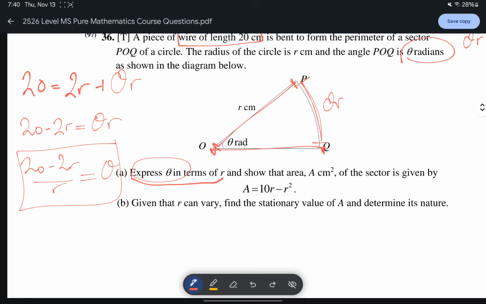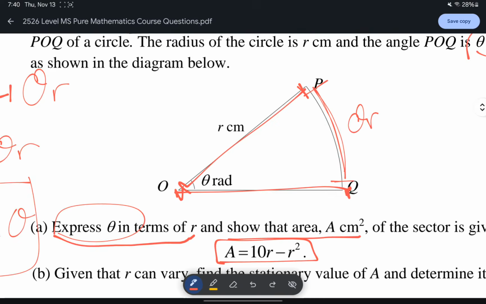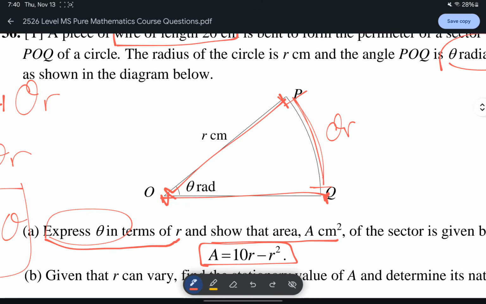Now they want us to show that the area is this equation here. Okay, so we look at the area, this area here. What's the formula for it? Once again, we're using radians, so the formula for the sector in a circle is 1 over 2 theta r squared. Okay, that's the area.